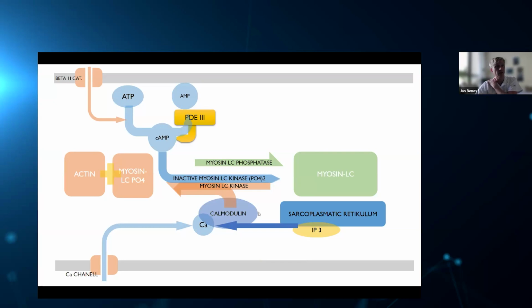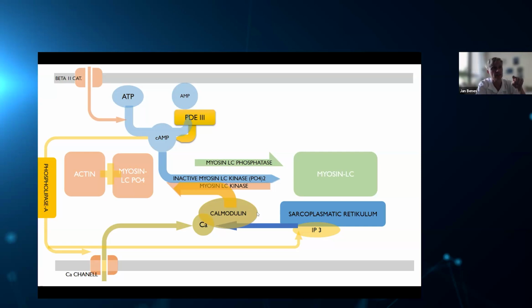What's happening in the myocardium is an additional effect. In the myocardium, this cyclic adenosine monophosphate is not only dilating, it's acting more on the inositol triphosphate. So in the myocardium, the effect of phosphodiesterase 3 inhibitors, these inodilators, is slightly different, and it leads to an increase in calcium channels within the system.